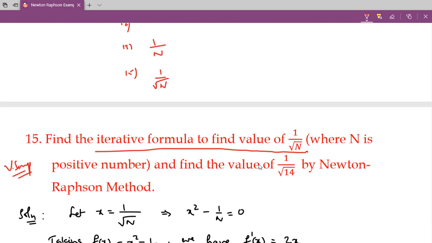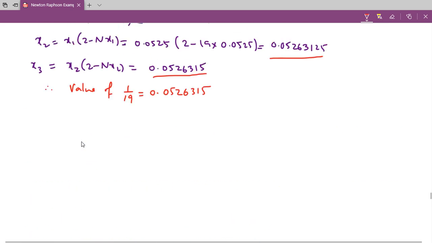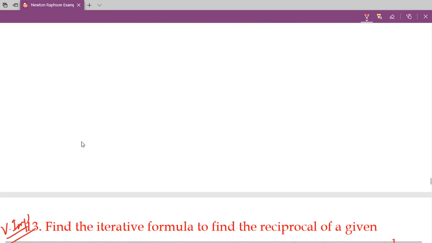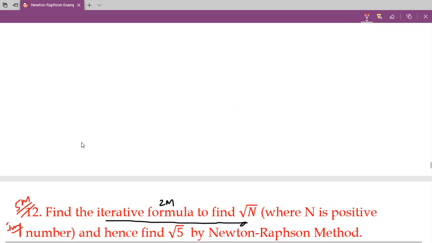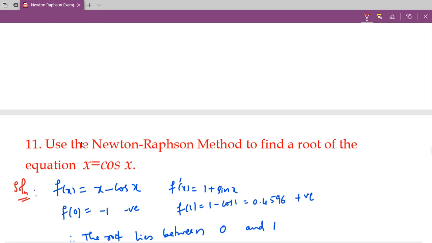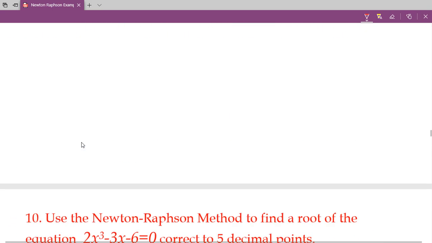Till now we have completed 15 very sufficient and very important examples on the Newton-Raphson method. If there is any doubt in these examples, you may consult me through WhatsApp.